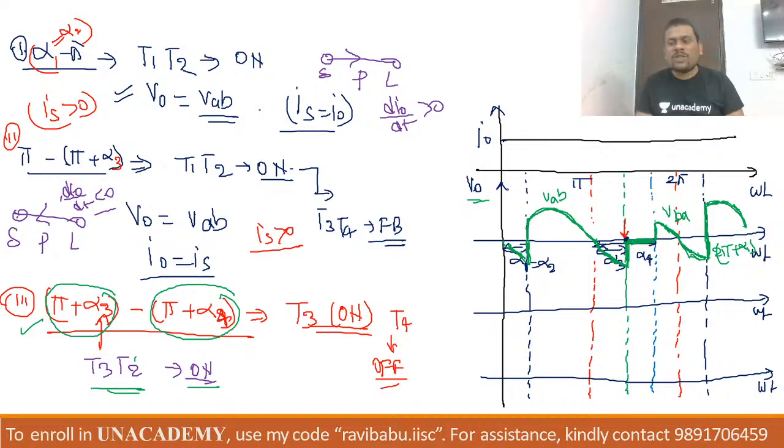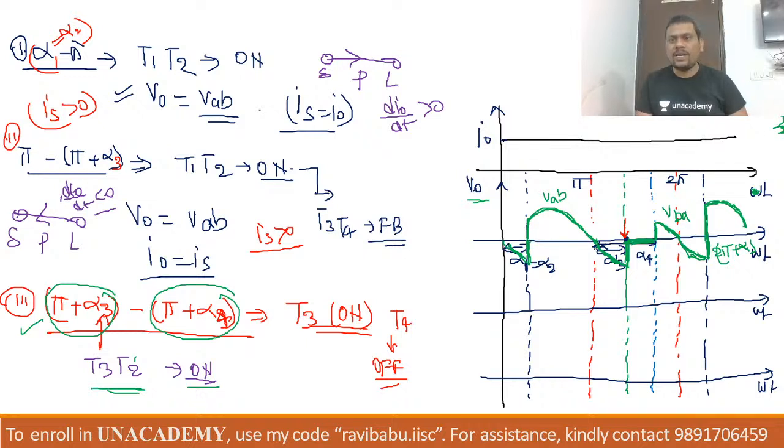That is a somewhat difficult example, and somewhat different also, maybe new for you, because in general we trigger our SCR at a particular alpha in a proper way. But here two alphas are same and two alphas are different, so we have three different triggering positions.